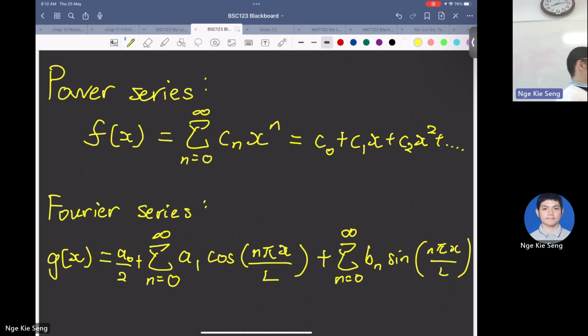Okay, so if you have learned linear algebra, right? So the first power series use 1, x, x squared, x cubed, power of x to be the basis. Okay, and then Fourier series use cosine and sine function to become the basis. Okay, but this Fourier series really only work for periodic function.